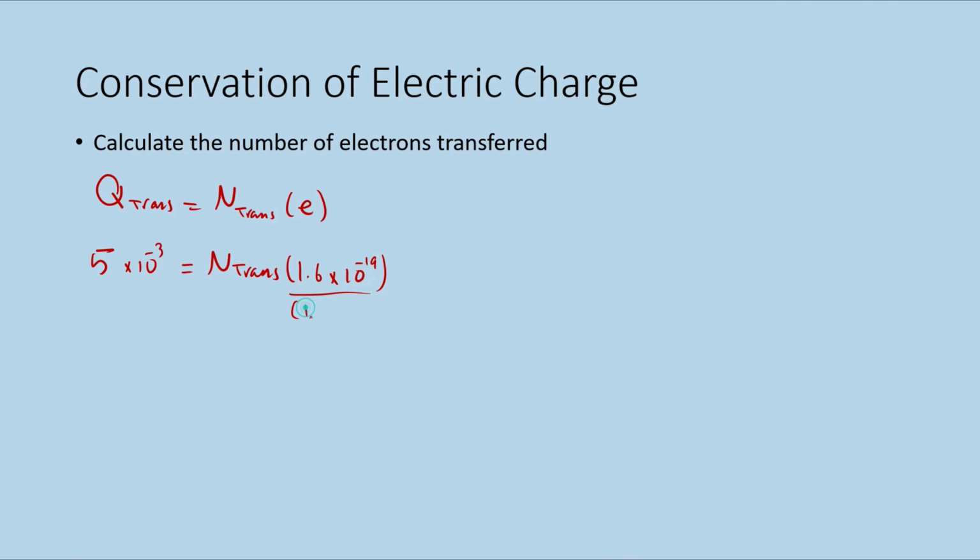Divide both sides by 1.6 times 10 to the power of negative 19. So N transferred is equal to 3.125 times 10 to the power of 16 electrons. This is the amount of transferred electrons.